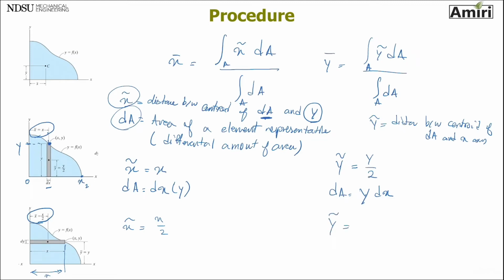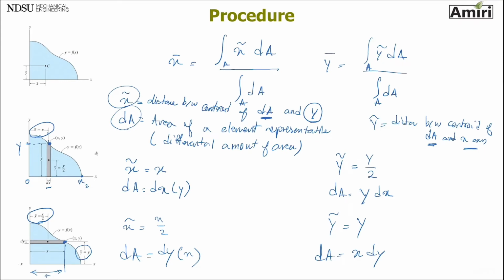Let's find y tilde. Distance between centroid of dA and x-axis, at any given time, is located at y. dA has a differential amount of width of dy, and the length at any given time is x. Same thing for y, I'm going to write it this way, x dy.